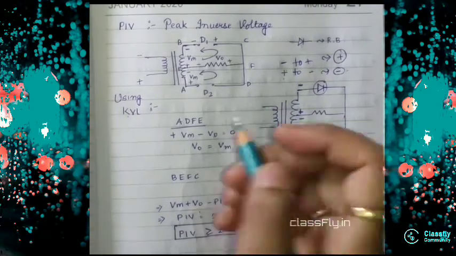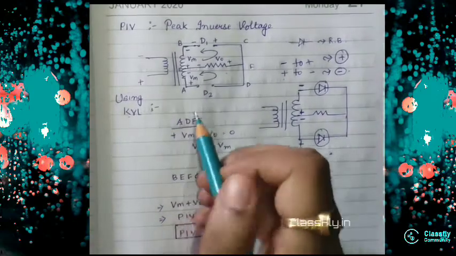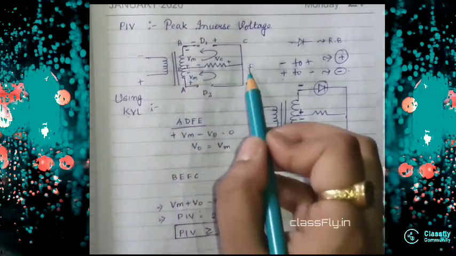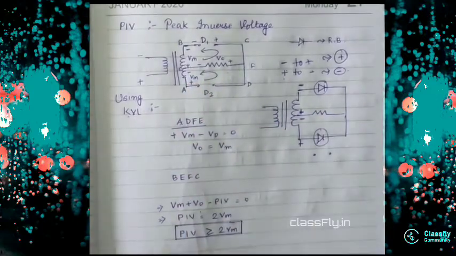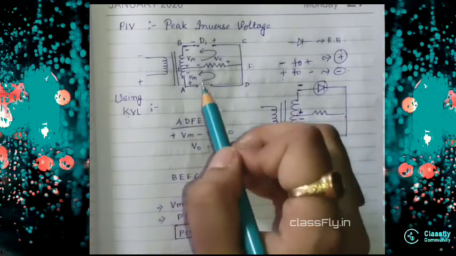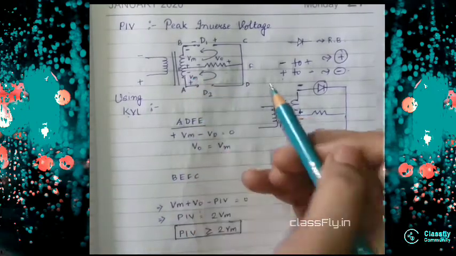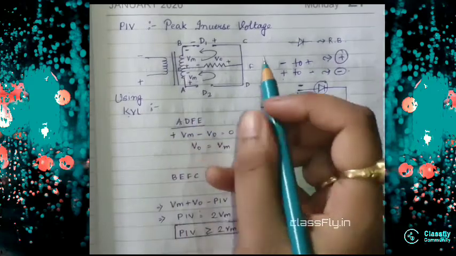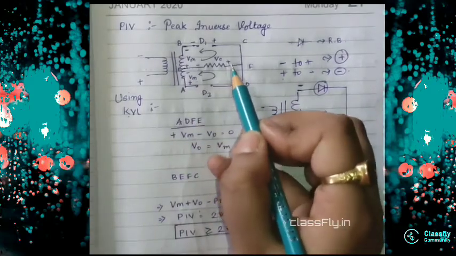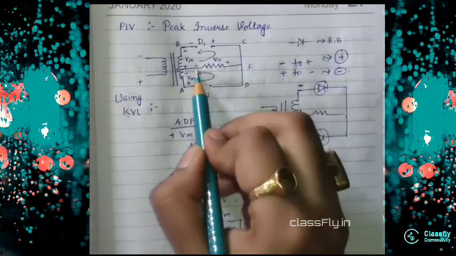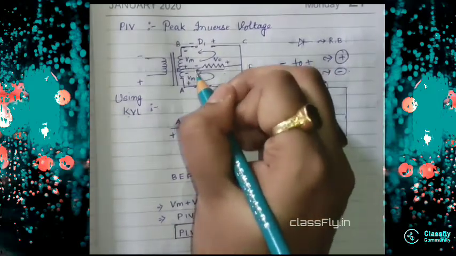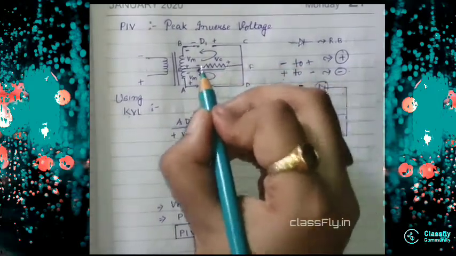So see, if we take this loop ADFE, the current is moving in this direction, right? So V0 is moving from positive to negative.